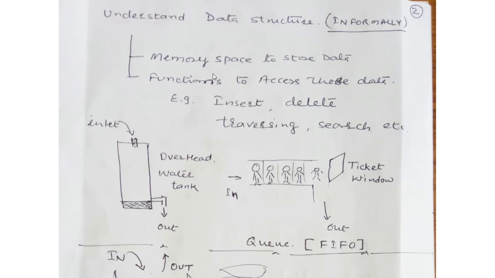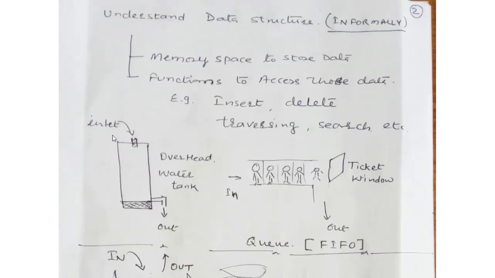A data structure always has a memory space to store data, and then there are functions to access that data. Functions means you want to insert something in the storage space, you want to delete something, you want to traverse and search. What are all those functions? This will be more clear to you when you implement some data structure.